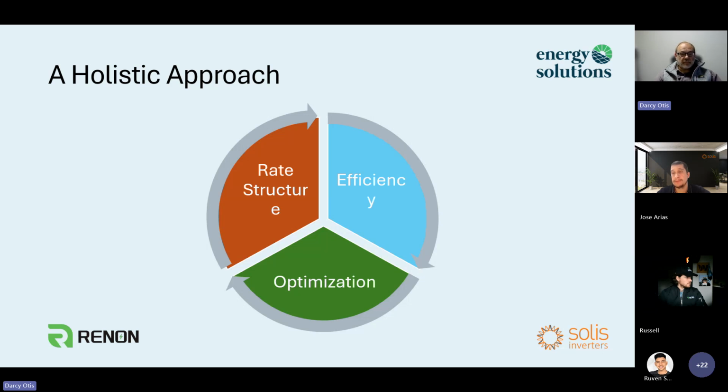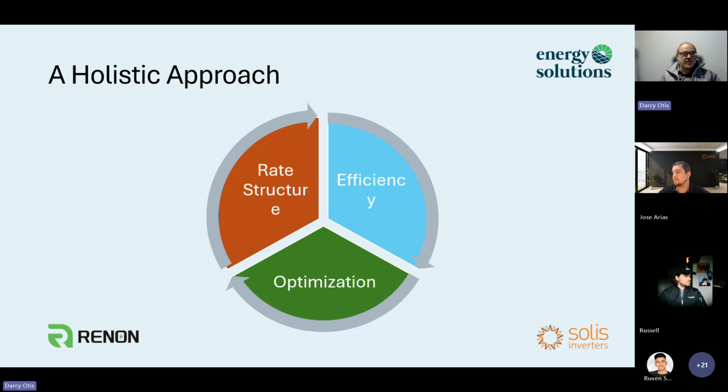And you can look at how you do a different rate structure, and there's multiple rate structures available from utilities. So if you do the right things, does that get you in a different rate structure? And of course, it's always a value versus cost scenario where you're trying to do an iterative approach to how do we overall reduce the utility bill.